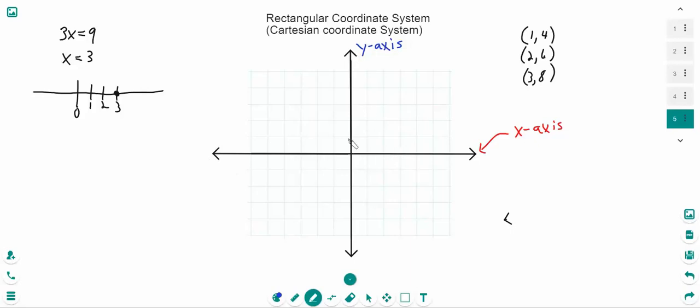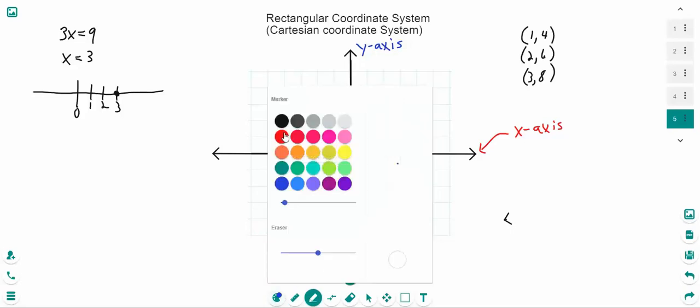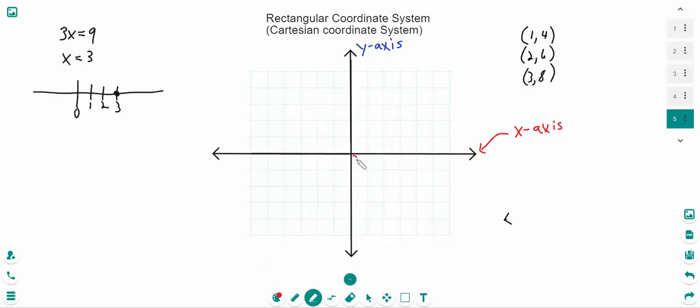Now, each one of these axes you could think of as being a number line. And the home for 0 on the number line is right in the middle. So for the x-axis, the 0 is right here. That's the x-axis 0 right there.